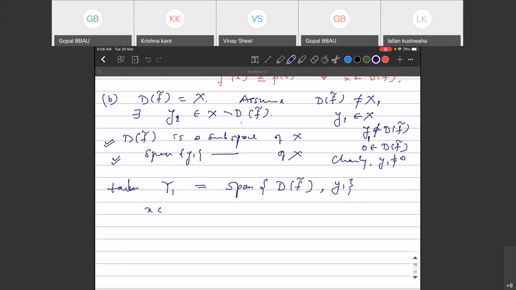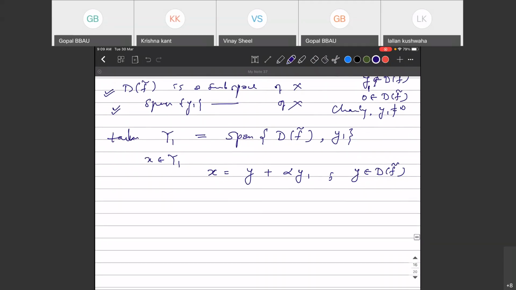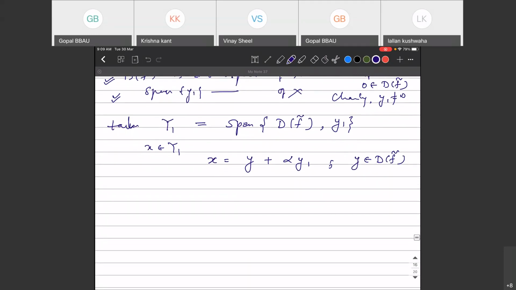So this means any x in capital Y1 can be represented uniquely in this linear combination: y plus alpha y1, where y belongs to the domain of F tilde.